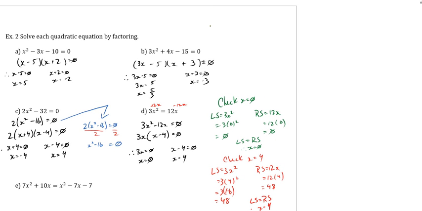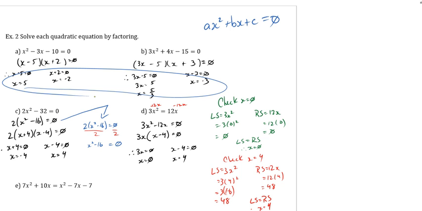Think about it like this. This is my basic form, ax squared plus bx plus c equals 0. Everything is simplified. I've moved everything to one side. If I have all 3 terms, it's either this one or this one, a simple or complex trinomial. So you're factoring that way, and your solution is going to look like one of these 2 things.